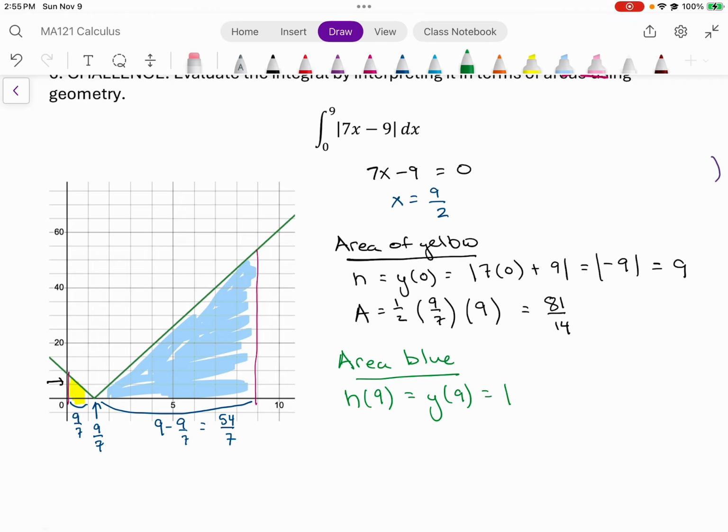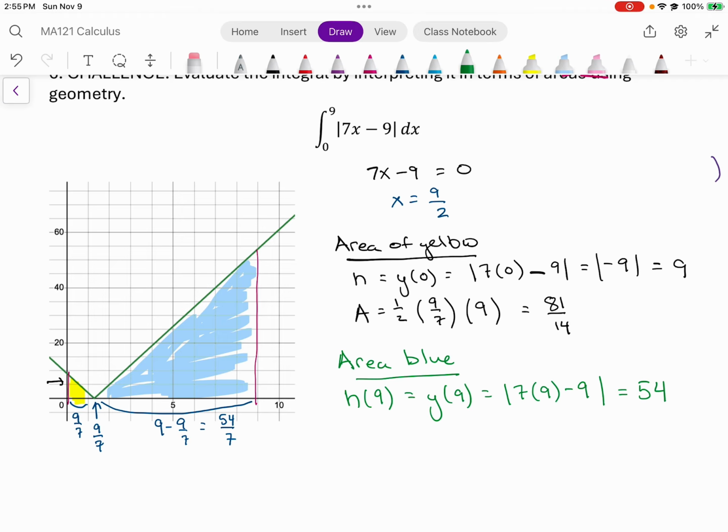So we're going to have 7 times 9 minus 9, and that is going to be 54. Nope, not plus, sorry. Both of those should have been -9. I just noticed my mistake, so I apologize for that. So -9, we've got -9.